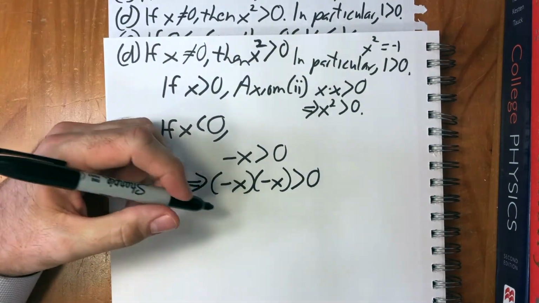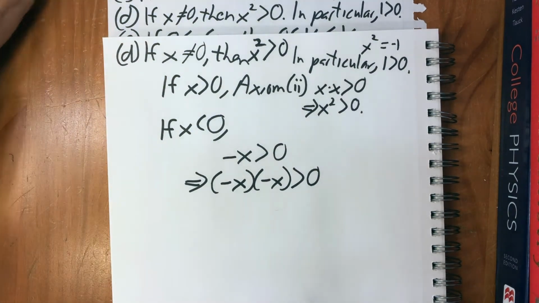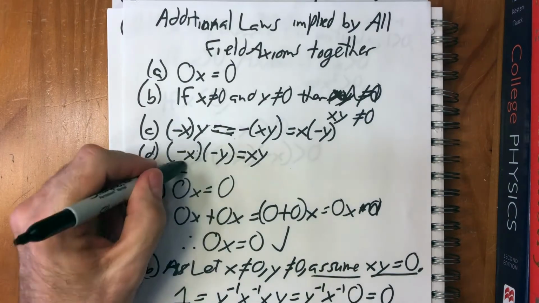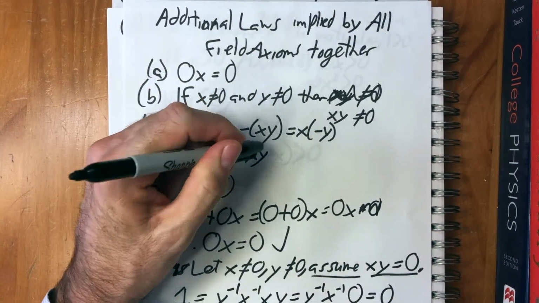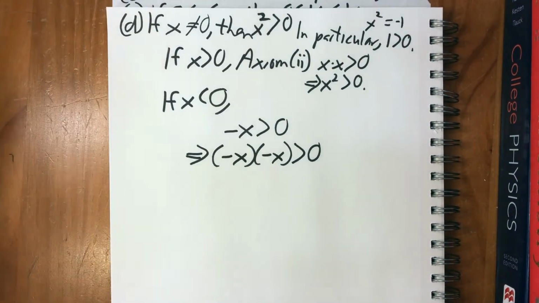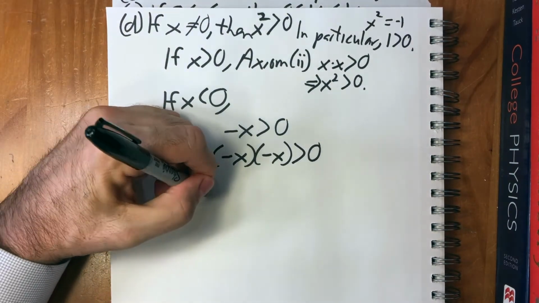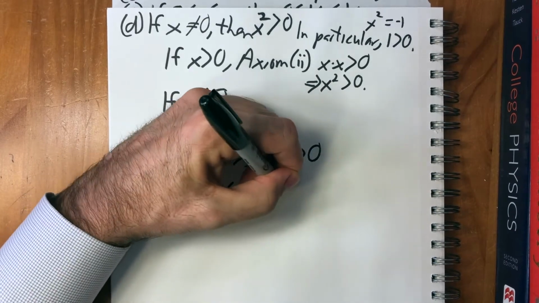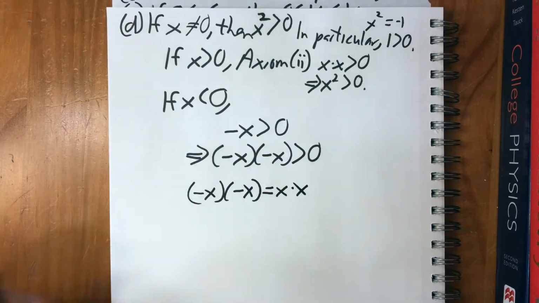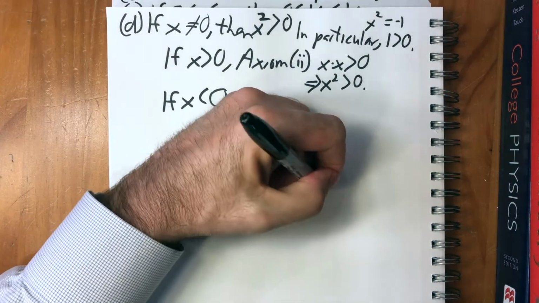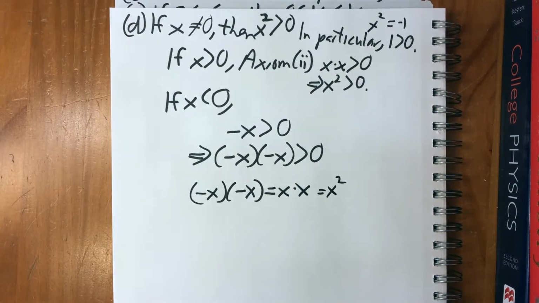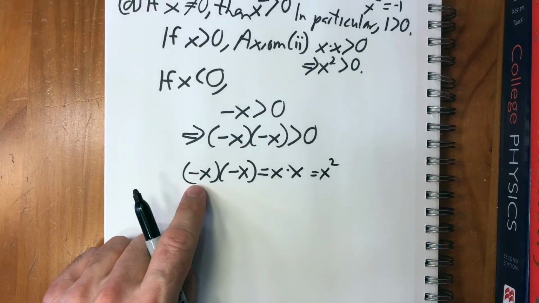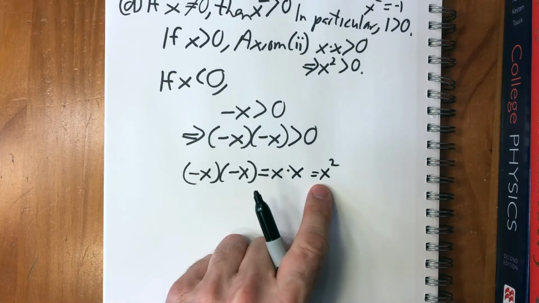Now, we learned before that minus x times minus y equals x times y. So we have from that part that minus x times minus x equals x times x, which equals, of course, x squared.